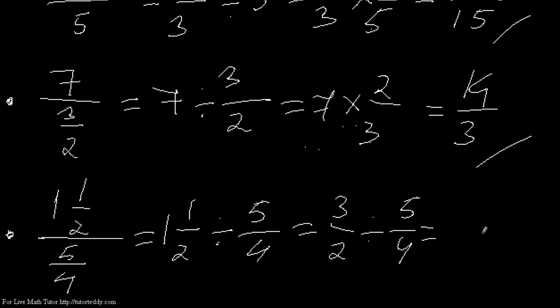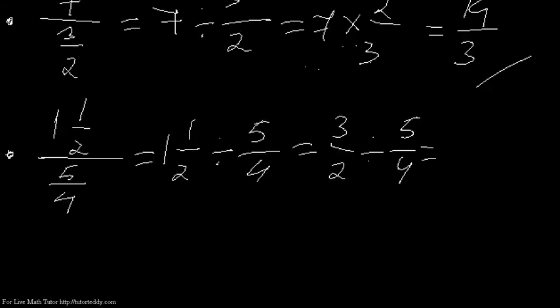Then I'll take the multiplication sign, 3 by 2 multiplied by the reciprocal, that means 4 by 5. Now see that the 2 in the denominator and the 4 in the numerator can be cancelled by their common factor.